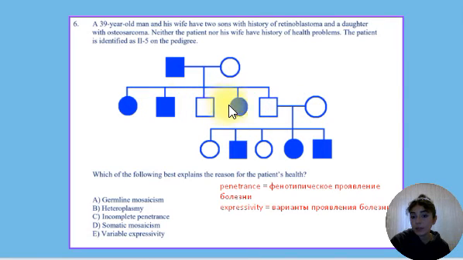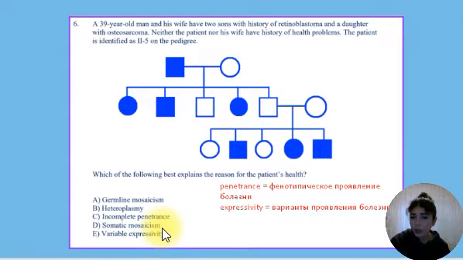So all of these children have the disease genotypically, but phenotypically not all are sick, right? So therefore, this dad has genotypically passed the disease to his children, but not all of them are sick. It is incomplete penetrance.